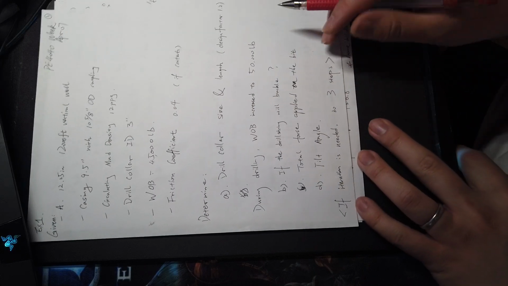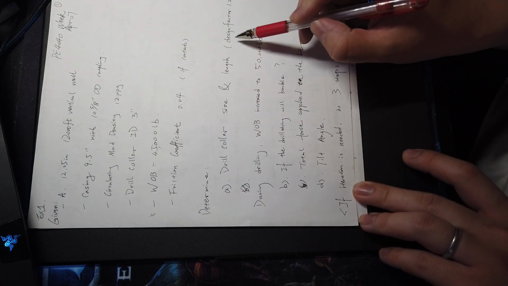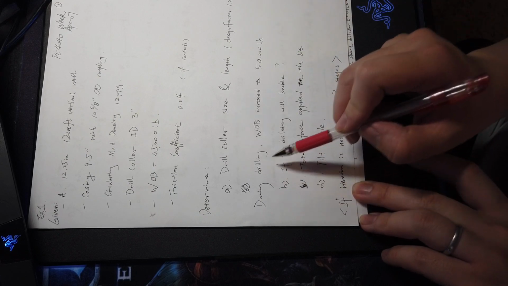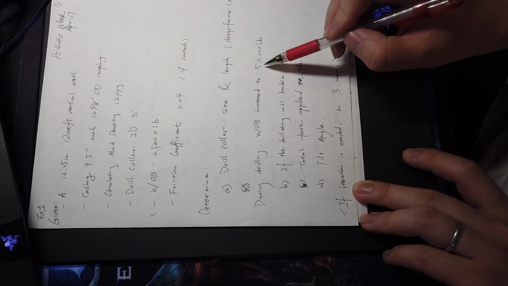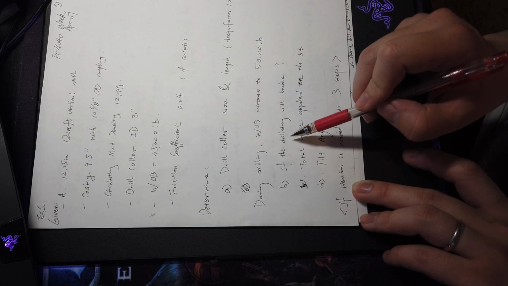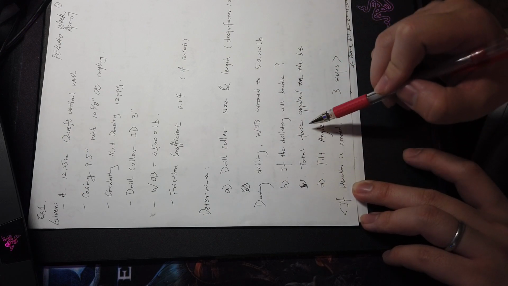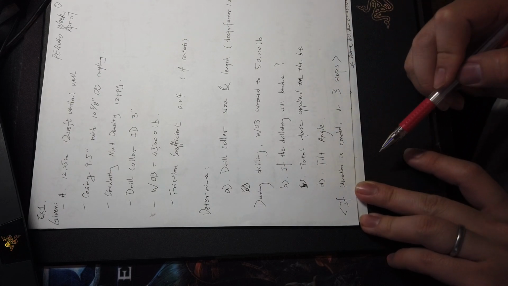What we're trying to determine is A, the drill collar size and length with a design factor of 1.2, and also, during drilling the weight on bit is increased to 50,000 pounds, and we try to determine if the drill string will buckle, or the total force applied on the bit, and also the tilt angle.